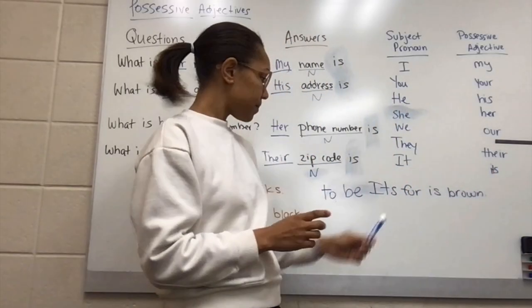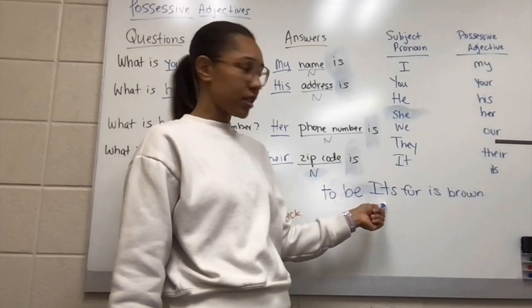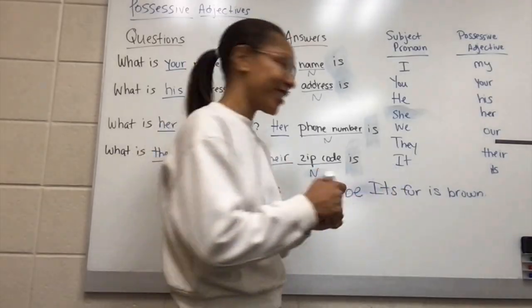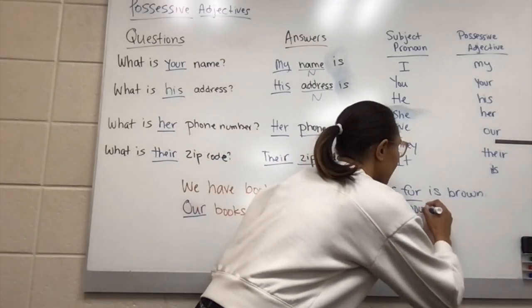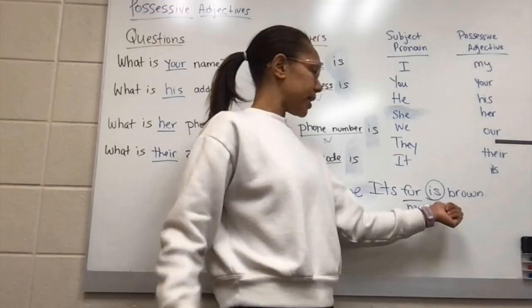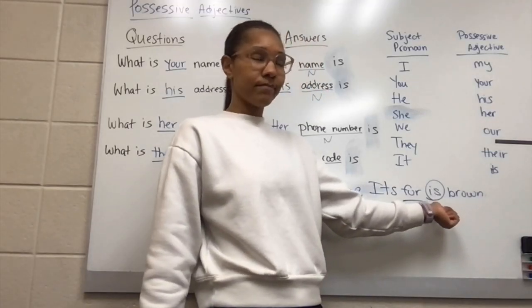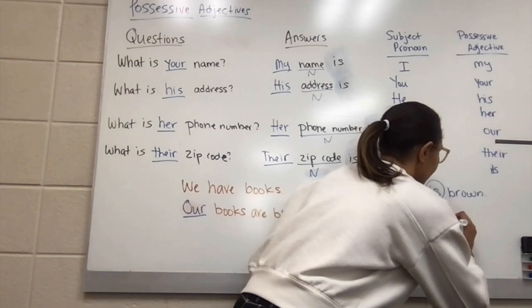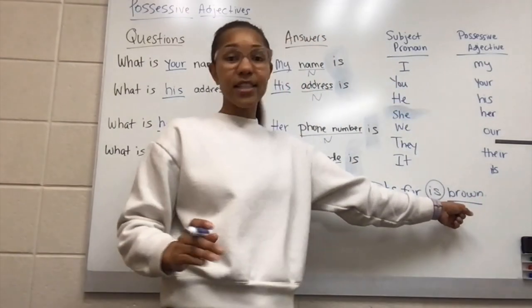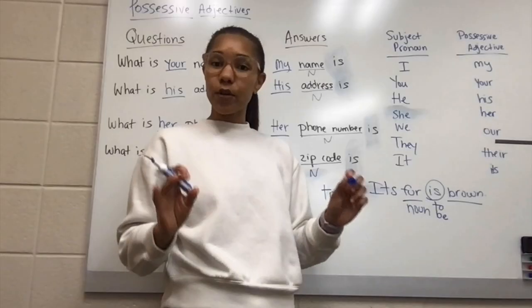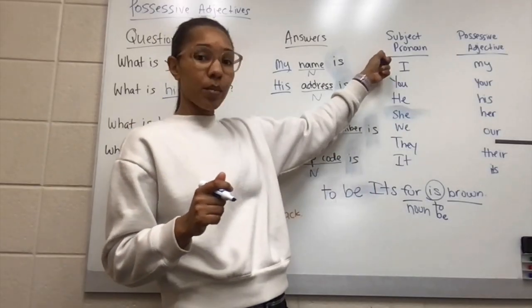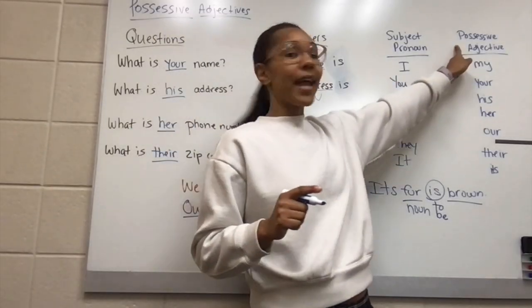So we can see its, possessive adjective. Fur, what is this? A noun, very good. Is, what do we call this? Verb to be. And brown is a color. It describes what the fur looks like. Very, very good. So we have subject pronoun and possessive adjective.